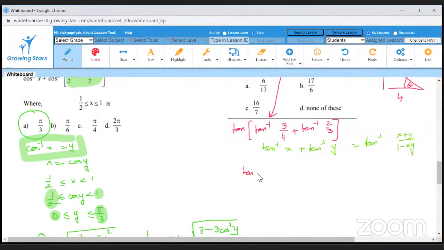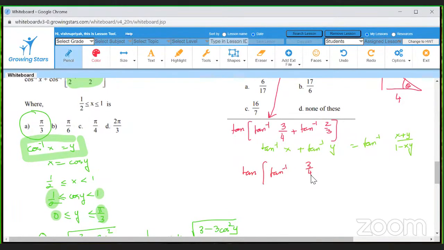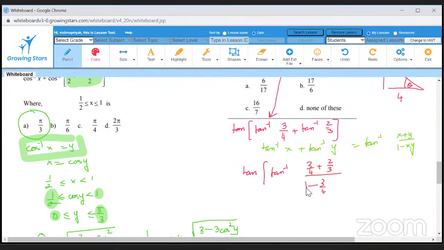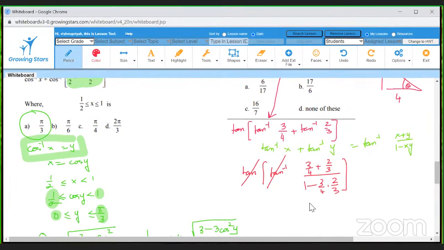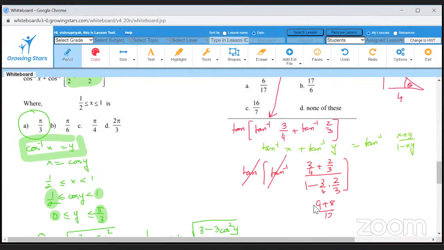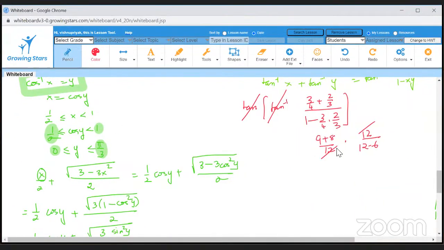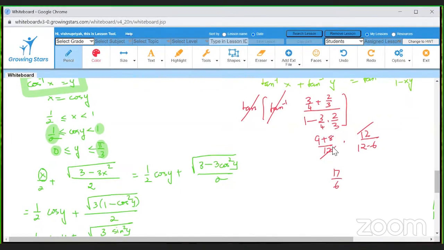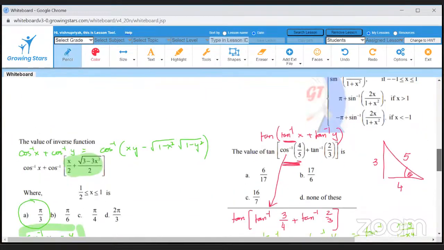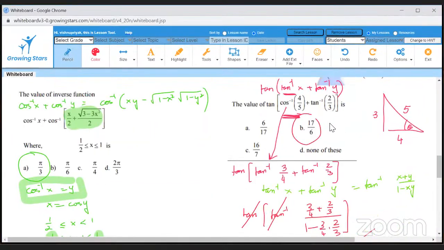So I can write tan of tan inverse x plus y by 1 minus x into y. Tan and tan inverse, anyhow, it will cancel. So 9 plus 8 by 12 into 12 by 12 minus 6. So this will cancel. 17 by 6 is the answer. Option B is the correct answer.